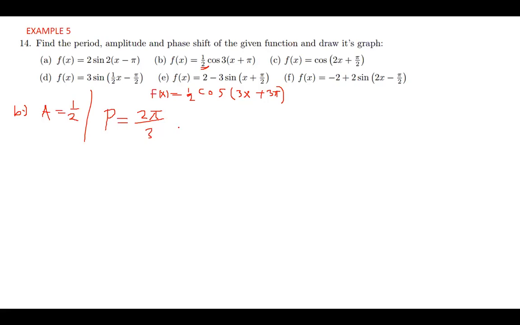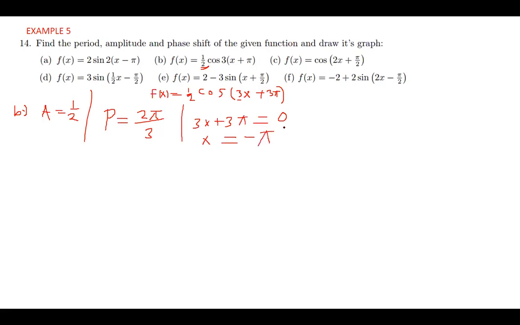So this is our period. B, you just get this, the coefficient of x. And then we also find the phase shift. For the phase shift, you equate 3x plus 3 pi to 0. And then you discover that your value of x, when you simplify, you get negative pi.